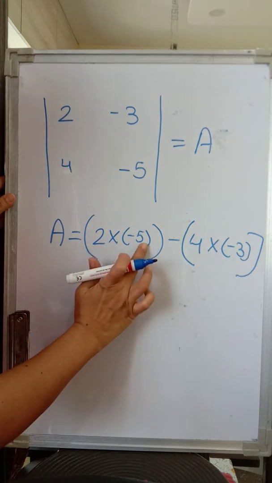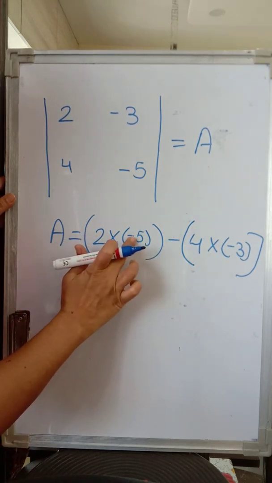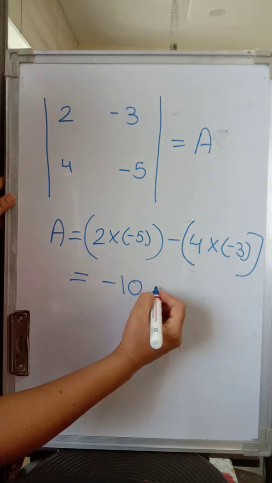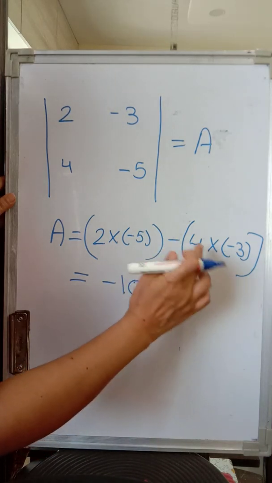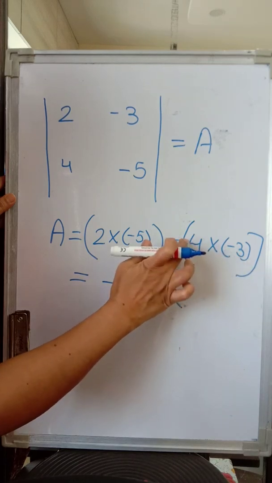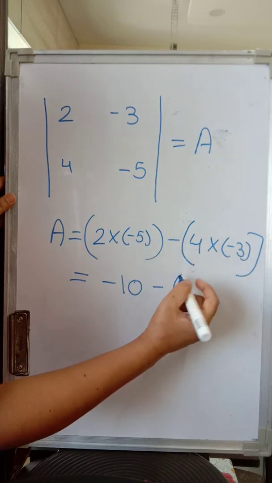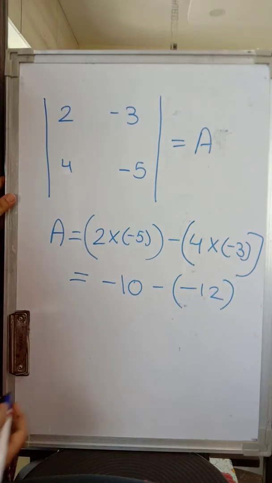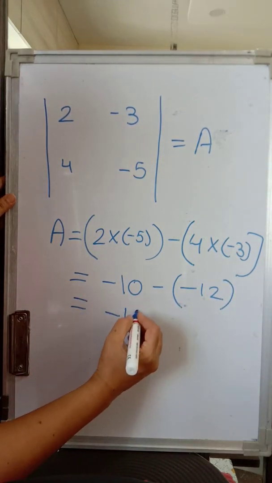So 2 into 5 is 10, plus into minus is minus. So the value of this is minus 10. Then you have this minus sign. Again in the bracket, 4 threes are 12. This 4 has a plus sign. Plus into minus is minus, so this becomes minus 12. Let us open the brackets. What do we have? Minus 10.